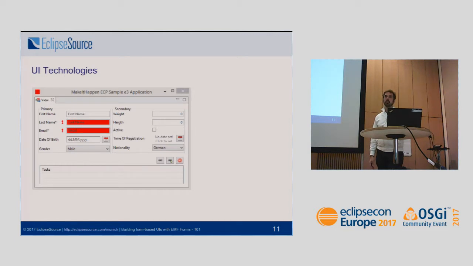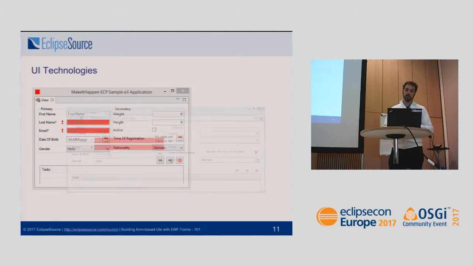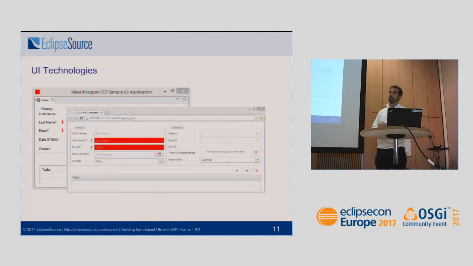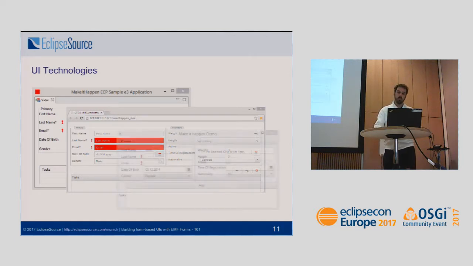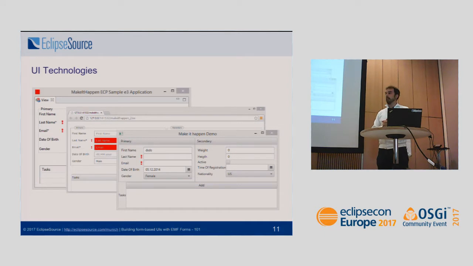It's a completely abstract format, and this describes your form completely independent on any UI technology. And that means you can render it using SWT, but you can also render it with other UI technologies. As an example, you can also render it in the web. There is a renderer for that called JSON Forms. Or you could even render it in JavaFX.